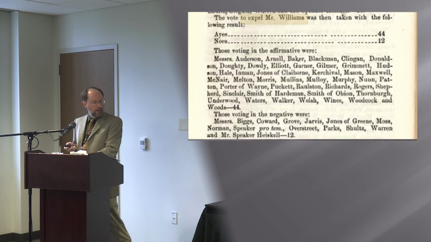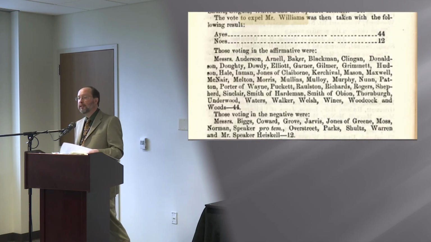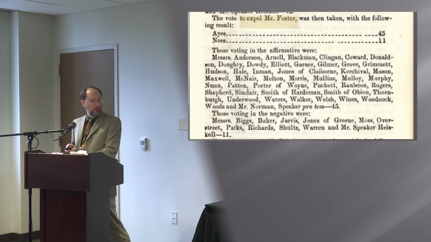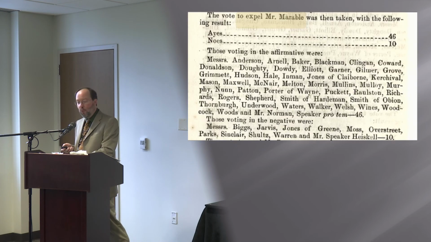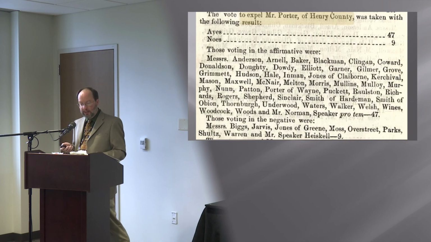1866, the members who had refused to attend the session and those who kept disappearing during that session were then expelled from the House, one by one, in a series of votes.